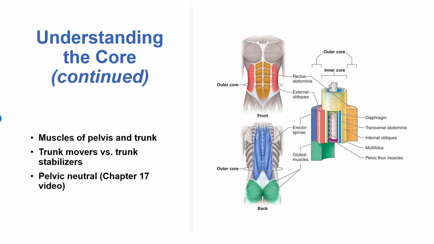Examples of your local or core muscles, sometimes known as your stabilizers, include the transverse abdominis, the pelvic floor, the diaphragm, the internal obliques, and the multifidus. So these tend to be that inner core of muscles, and both of these groups contribute to stability during movement.